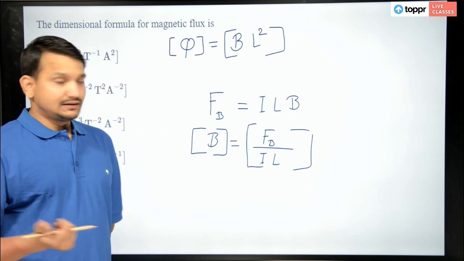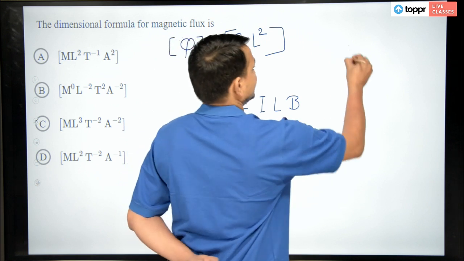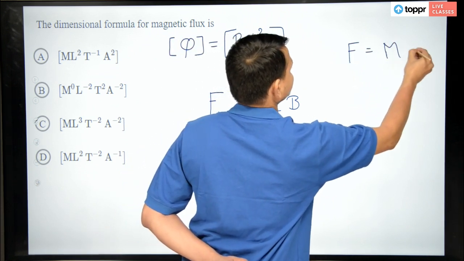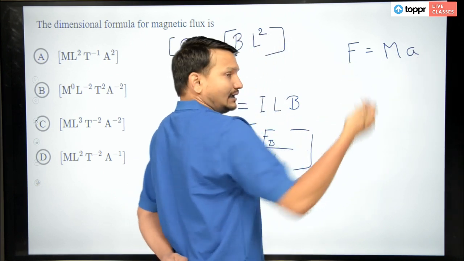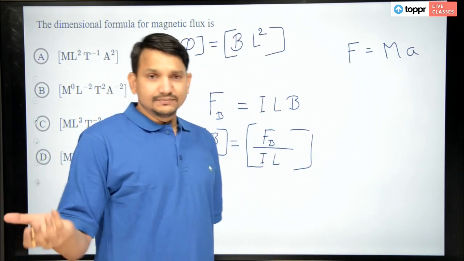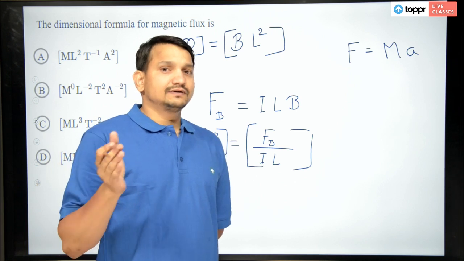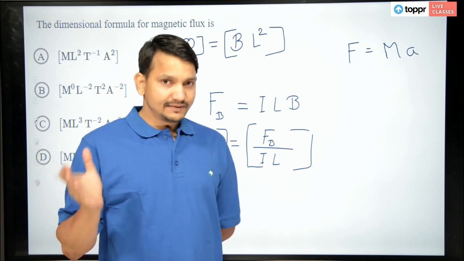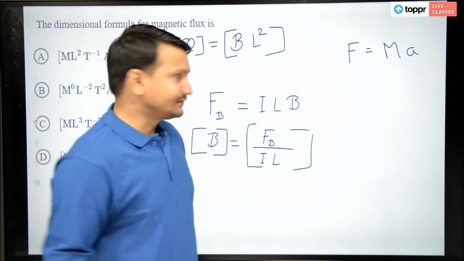We know that force is mass into acceleration, and acceleration is meter per second square, rate of change of velocity, so length divided by time square, L T inverse square.